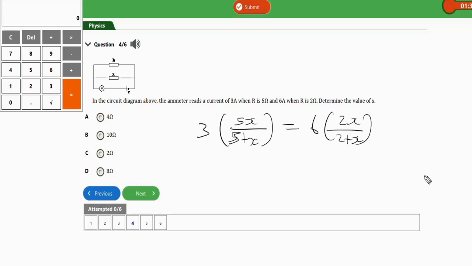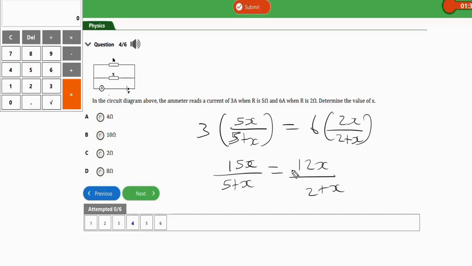So this is the formula we're going to apply to solve this kind of question. Let's begin to break this down. We're going to have 15x over 5 plus x equals 12x over 2 plus x.